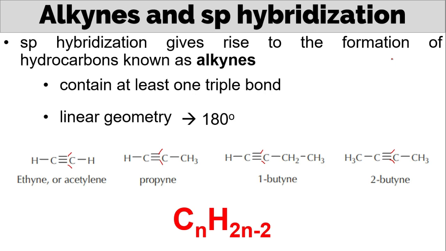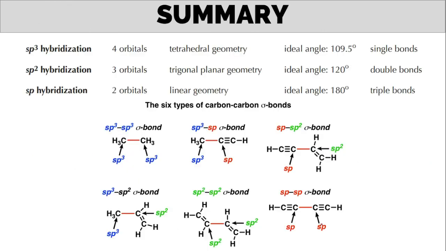So let's consider again propyne. If you have 3 carbons, your hydrogen is 4, because 3 times 2 is 6, minus 2 is 4. If we're going to check this, you have 1, 2, 3 carbons, correct? And 1, 2, 3, 4 hydrogens, correct.